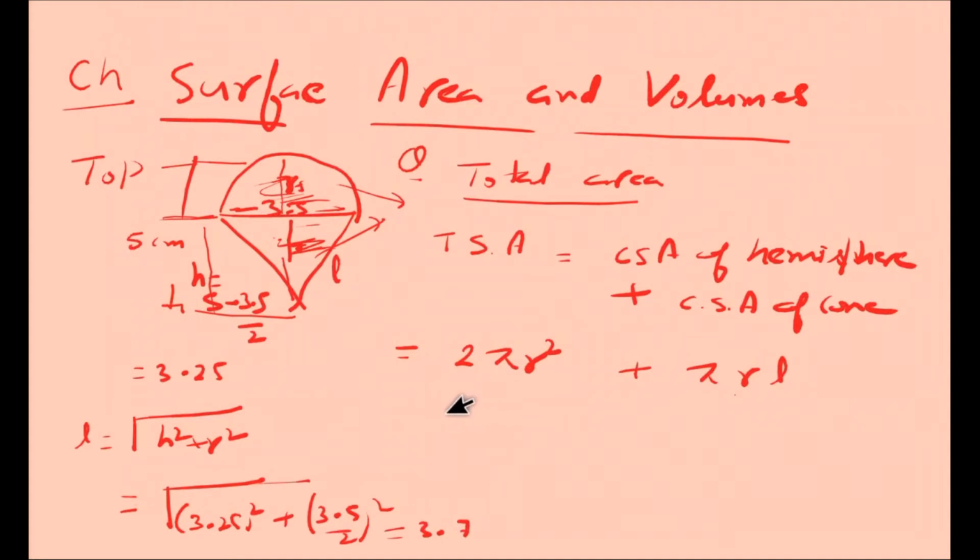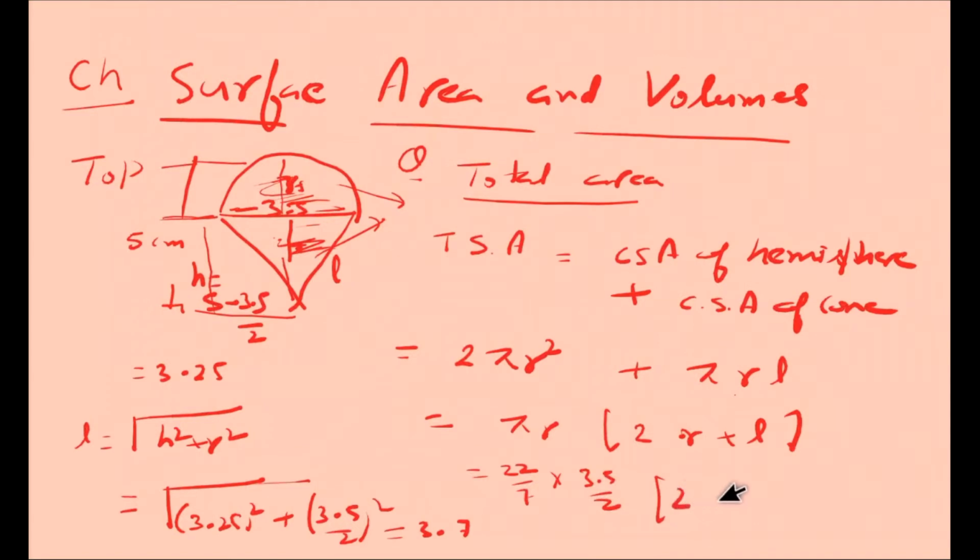Now you can take pi r common. So here it is pi r into 2 r plus l, and now using the formula you can find the solution. The value of pi is 22 upon 7, and the radius is 3.5 by 2, and 2 into radius is again 3.5 by 2, and l is 3.7.